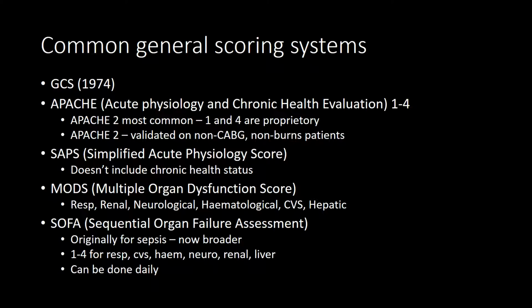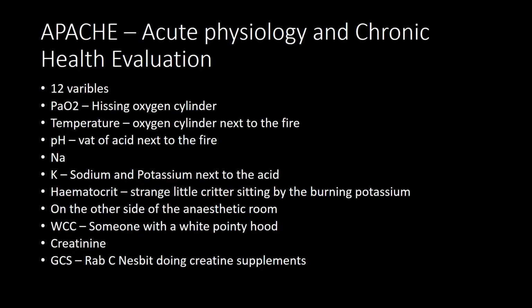Let's talk in more detail about the Apache score. So I'm going to try and explain how I'm going to remember the Apache score. I've got 4 Apache Indians standing outside an anaesthetic room. They're guarding the anaesthetic room. And that's to indicate that there are 4 Apache scores, or 4 iterations of the Apache score. And I go into the anaesthetic room, and on my left is a wide open cylinder of oxygen.